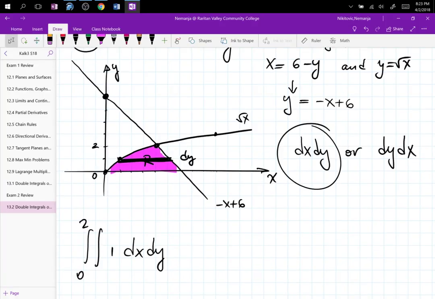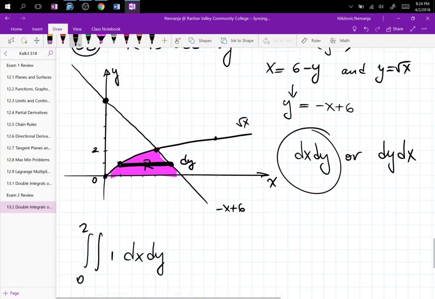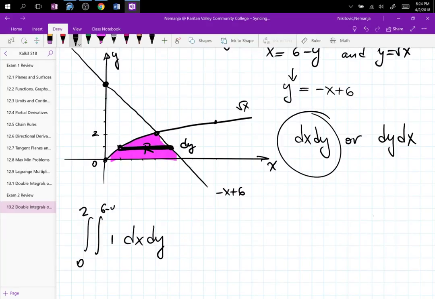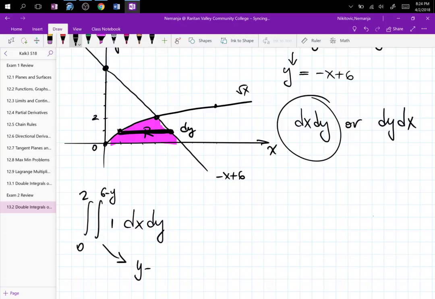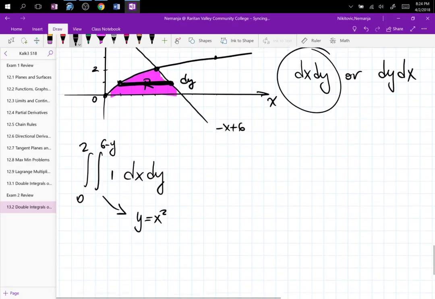And now, the one that is far to the right goes on top, and then the one on the left goes on the bottom. But they have to be functions of y. Well, that's good, because the top one was already given to us as 6 minus y. The problem is that the bottom one was given as y equal square root of x.